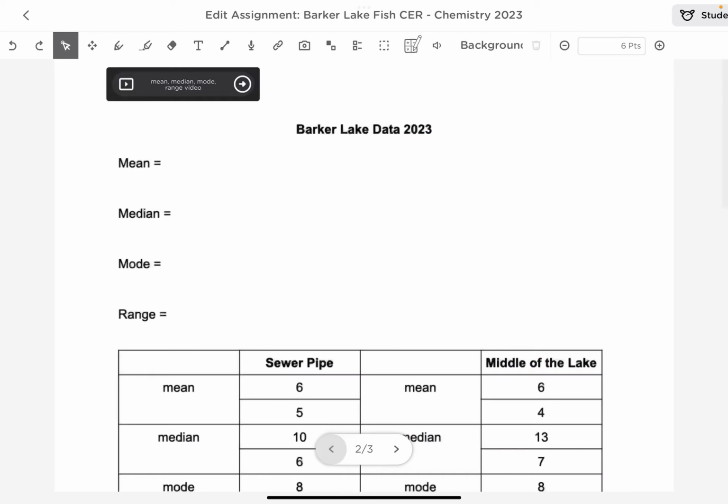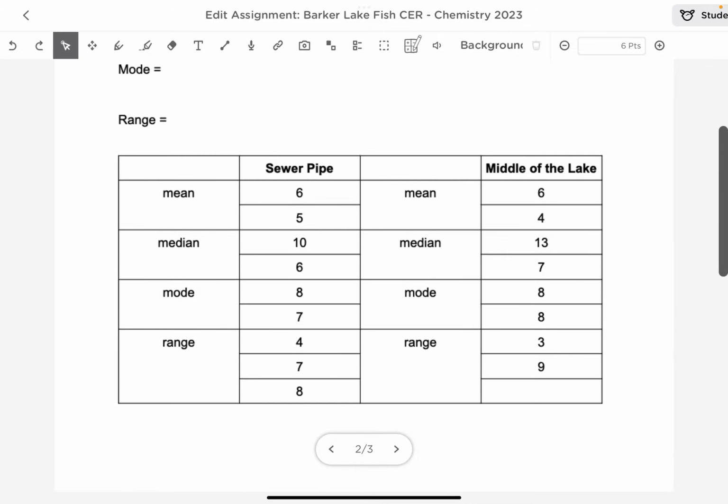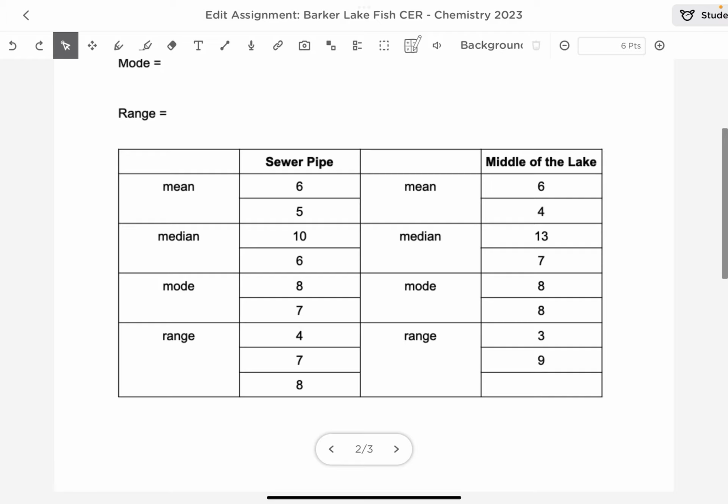Now, we had collected our data when we went outside, and so this is our list from 2023 about some of the dissolved oxygen levels at the two different sites, areas of Barker Lake. So a couple things you'll need to do is the mean, median, mode, and range, and use all of that data to help decide whether or not we should put your fish in Barker Lake.